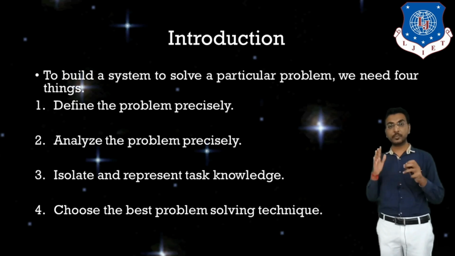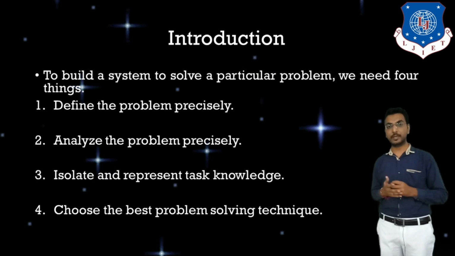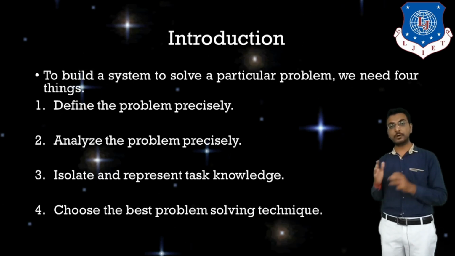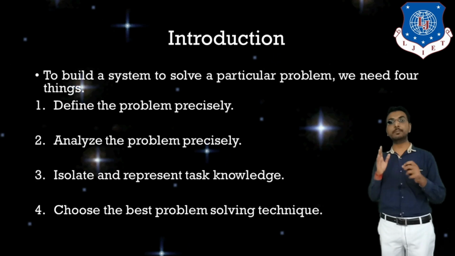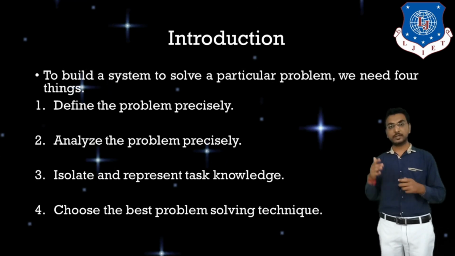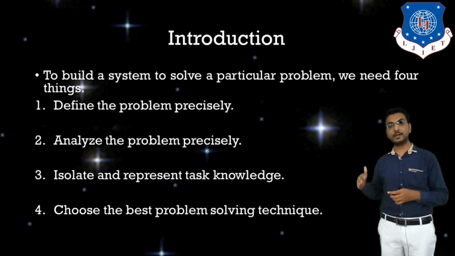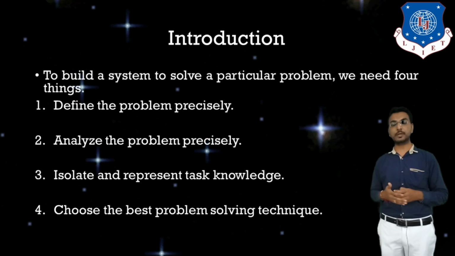So we have several alternatives to solve a problem, and from those alternatives we select the best approach which will be suitable to us. These four are the characteristics of a problem and how we will be able to solve a particular problem.